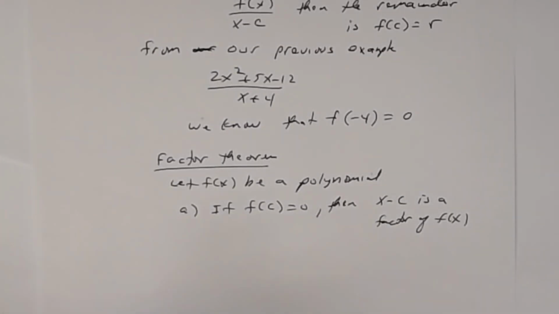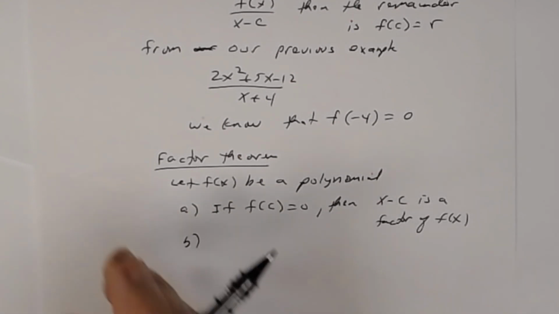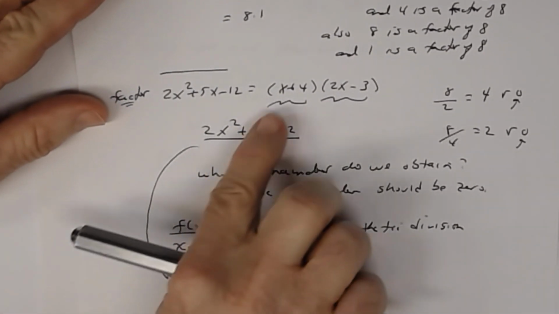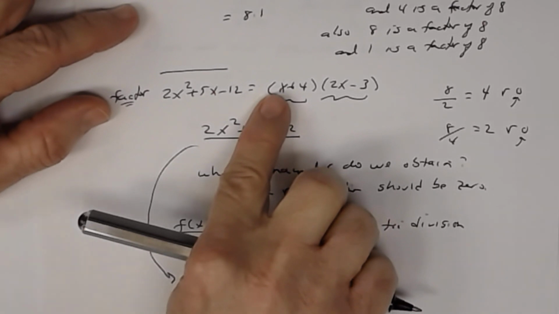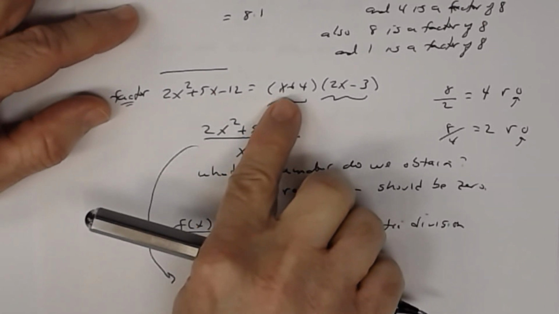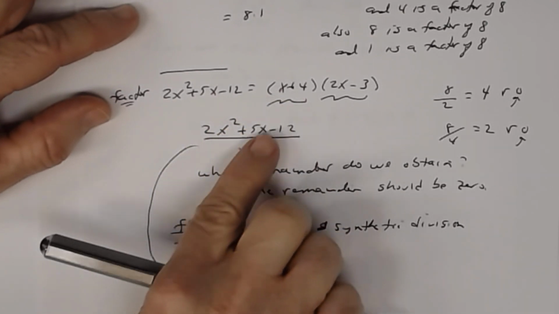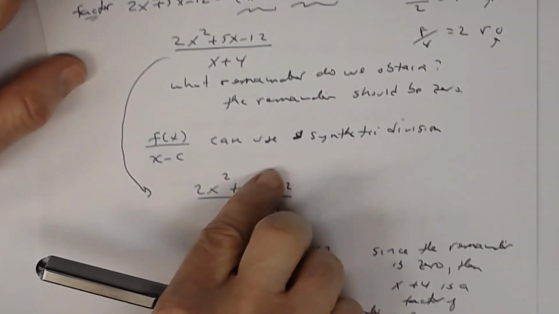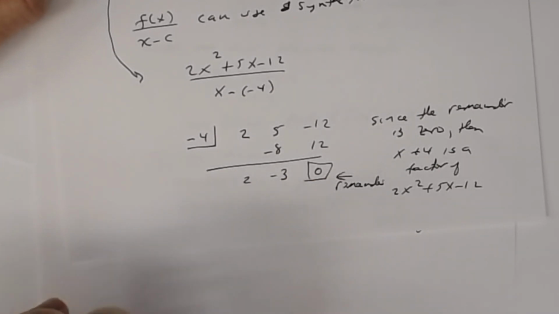Now the other thing is, we can go in reverse. If x plus 4 is a factor of this polynomial and I use synthetic division, then I better get a remainder of 0.